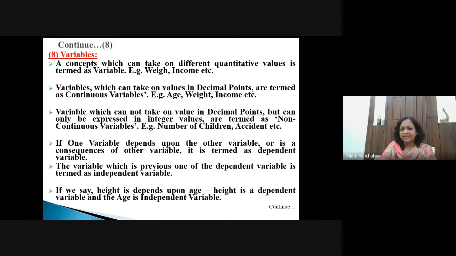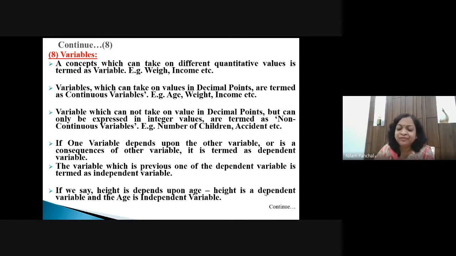For example, age, weight, income, and so on. And the variable which cannot take on values in decimal points but can only be expressed in integer values is termed a non-continuous variable. For example, number of children, accidents, and so on.